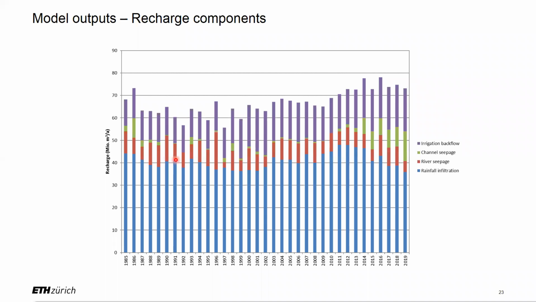River seepage takes a small fraction of the total recharge, as well as the canal seepage. The seepage from the canal was very little in history, but since 2014, a large amount of surface water is imported to Guantao. So the seepage from the canals also increased in recent years.